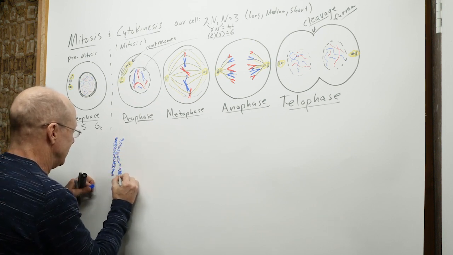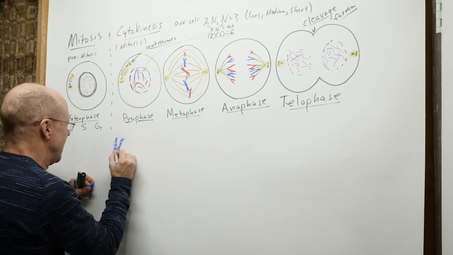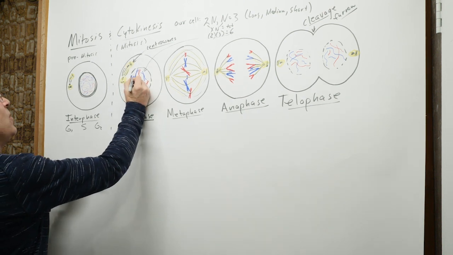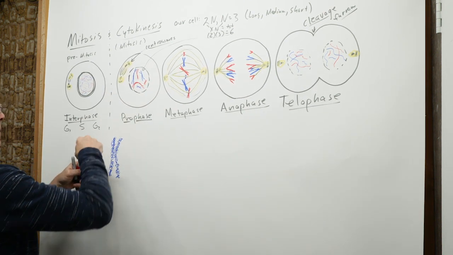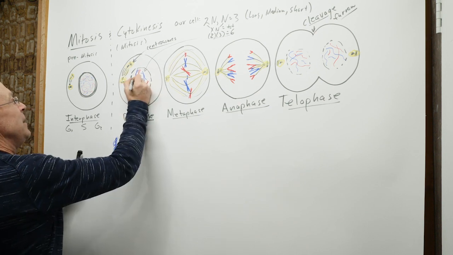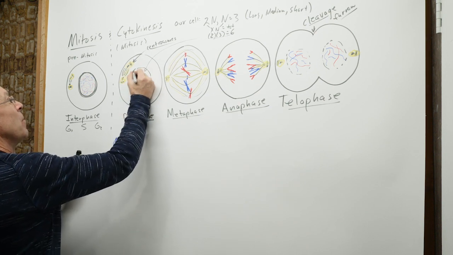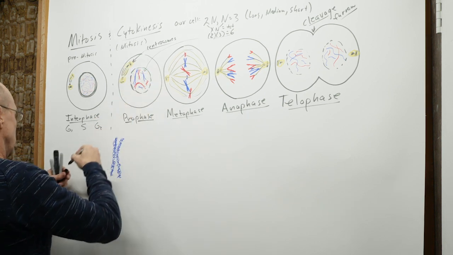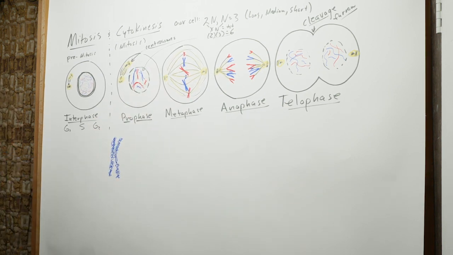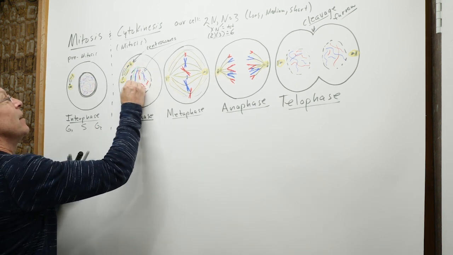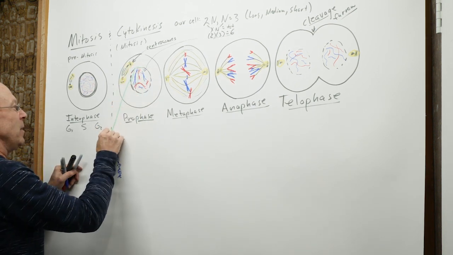Now I'm showing that this DNA is completely condensed. This is what the whole thing looks like. So if I took this part right here and did a blow up. So I'm going to take this thing. Man, I wish I had another color to do this with. I'm going to actually just use one of my chalk colors to do it. So if we took this part right here and we did a blow up of this thing.